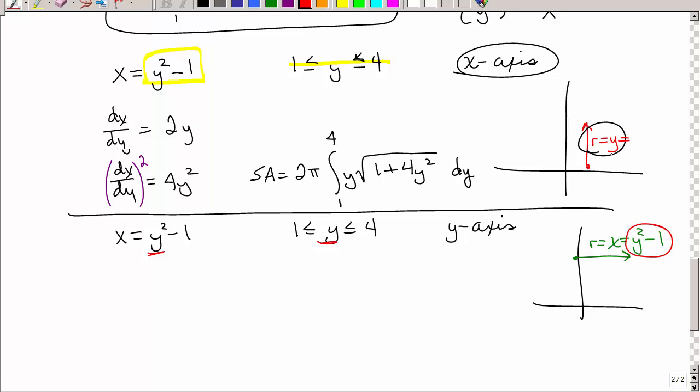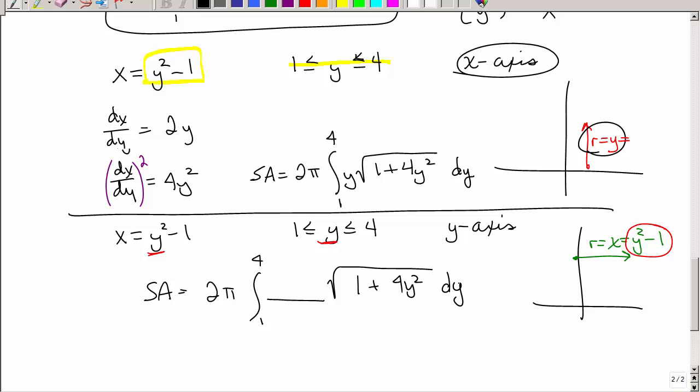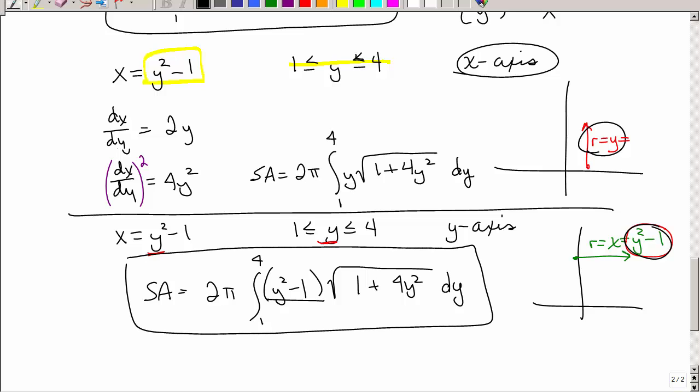Because I was using y and I already had it. Right? So this surface area would be 2 pi from 1 to 4. Arc length square root of 1 plus 4y squared dy, same exact thing. The only thing that's going to be different is my radius, and that's going to be y squared minus 1. Now that would be a pretty tricky integral. We haven't learned how to do that yet, but that is how you would set it up.